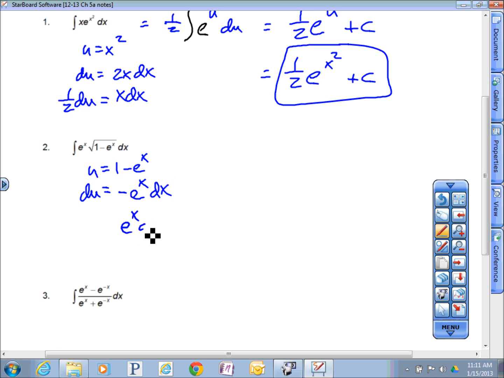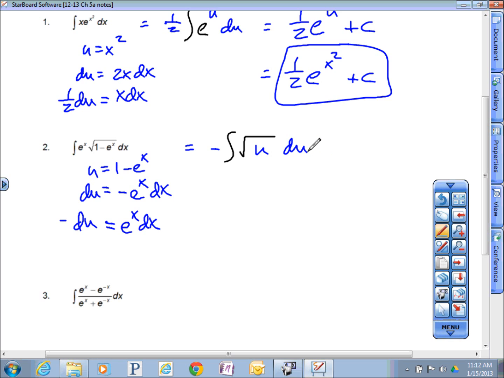So that e to the x and the dx in the problem is going to be the opposite of my du. So I'm going to have to throw in a negative to go along with my integral of the square root, and that square root is of now u with a du.